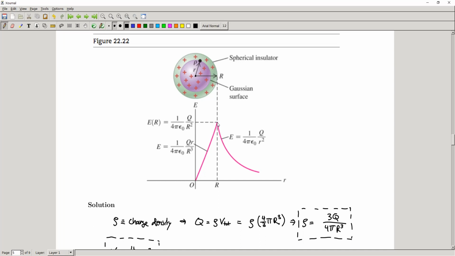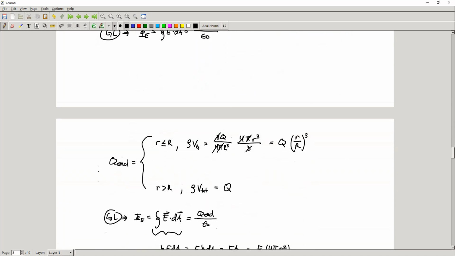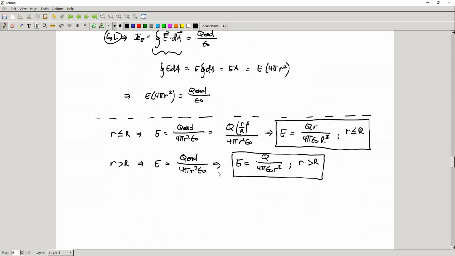Then we're no longer picking up more charge, but our radius is increasing, so this starts to die off like 1 over r squared. That's a decreasing electric field as we get farther and farther from our charge distribution. This is a piecewise defined function, and those are the equations that give us the plot that we see above.